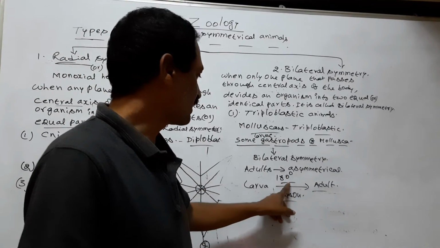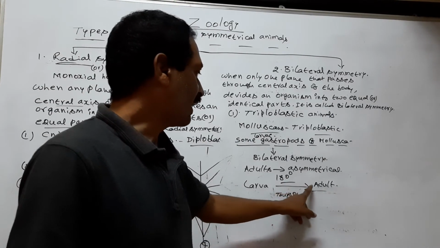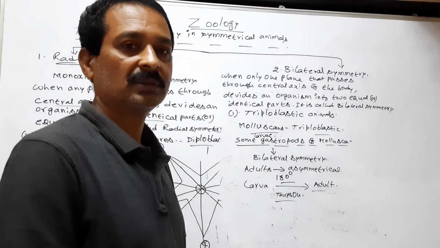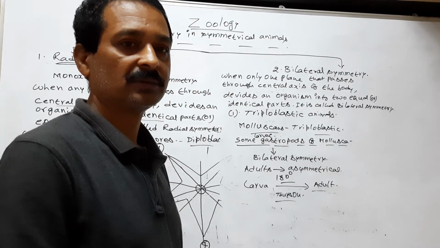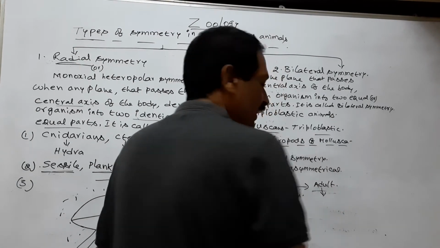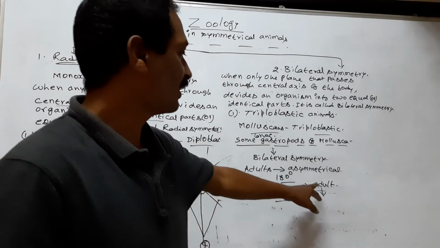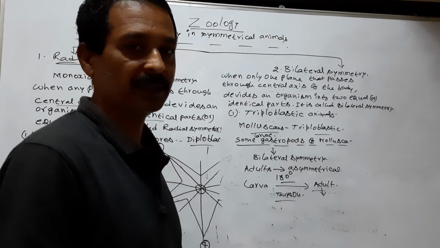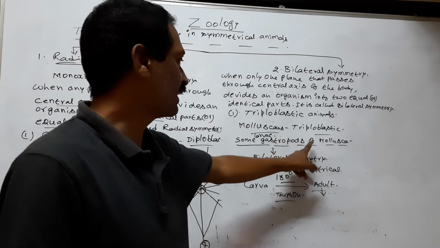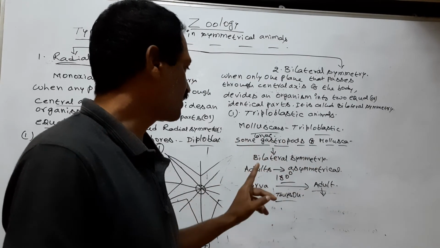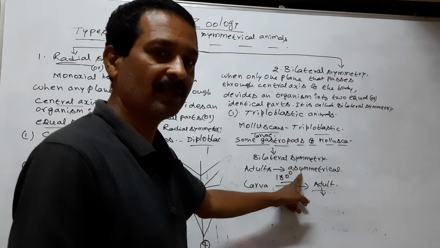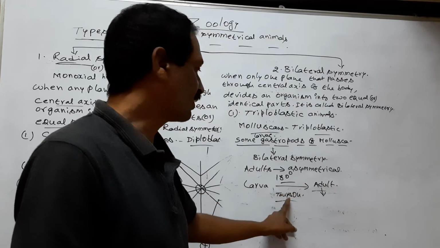In this process, the organs of that adult animal are arranged irregularly, so the adult lost its bilateral symmetry. The larva of some gastropods exhibits bilateral symmetry, but their adults are asymmetrical due to torsion.